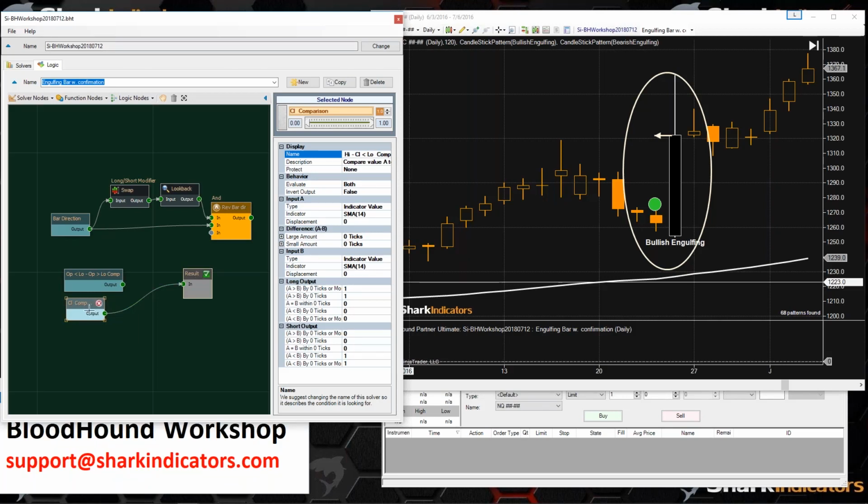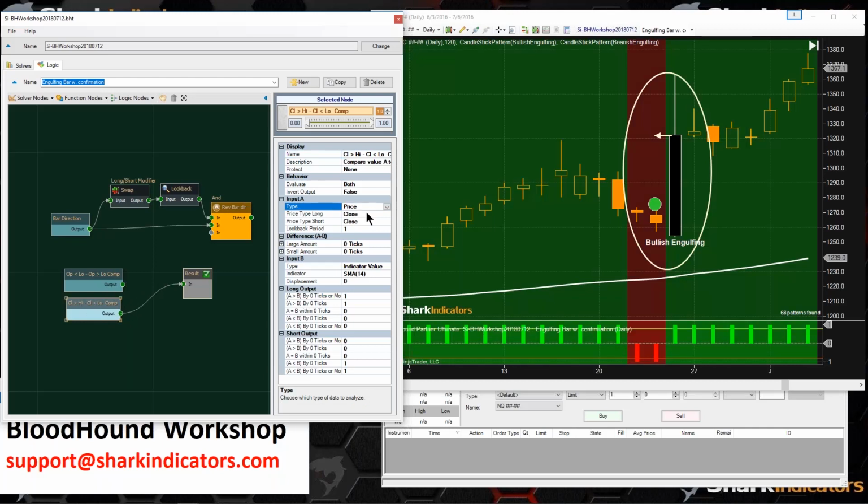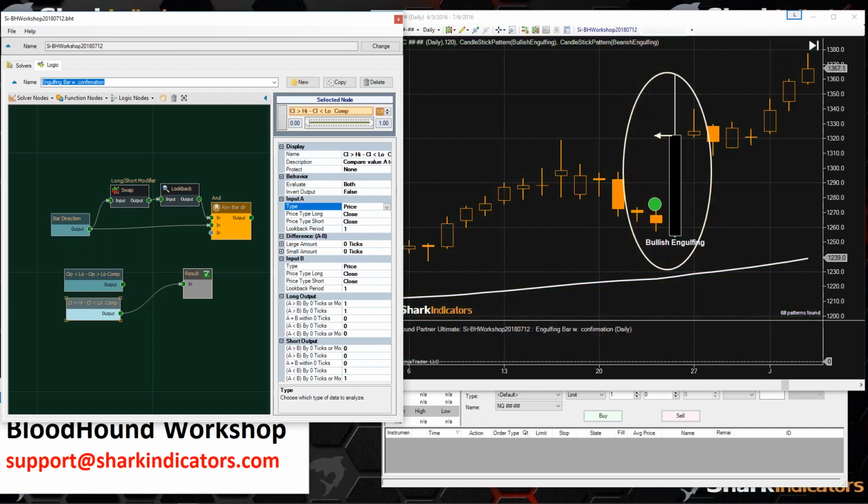I've got a name set, so let's set the inputs. Input A is going to be the closing price of the bar. Input B is, let's set this before I forget, a look back of 2. There we go.